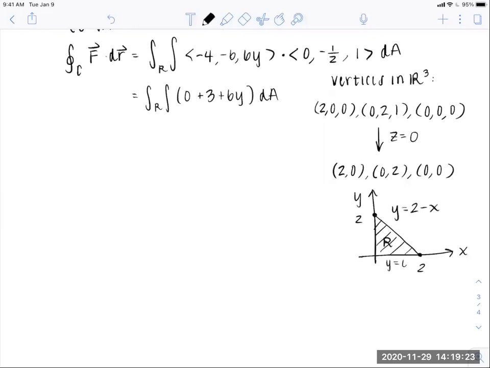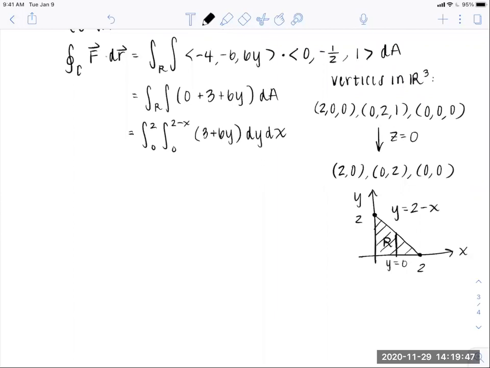This bottom equation is, of course, y equals 0. And so I'm going to take vertical slices. So our x is running from 0 to 2. Our y is running from 0 to 2 minus x. And we have our integrand 3 plus 6y. And because I took vertical slices, that's going to be a dy dx.